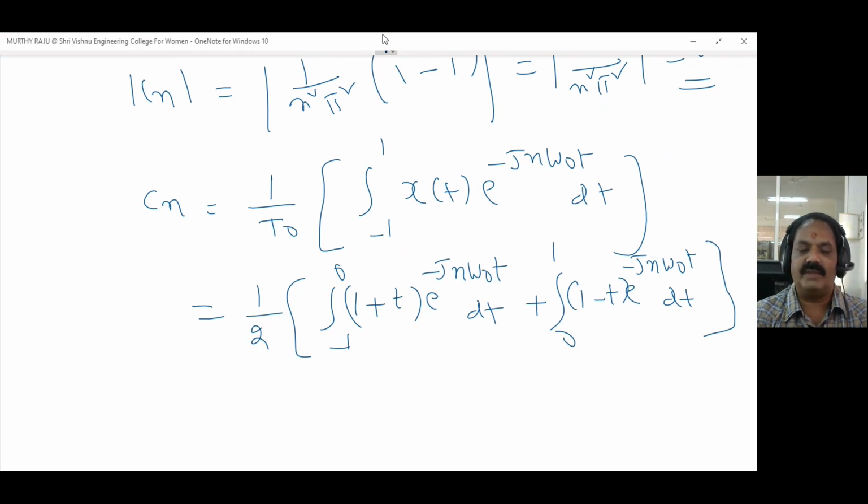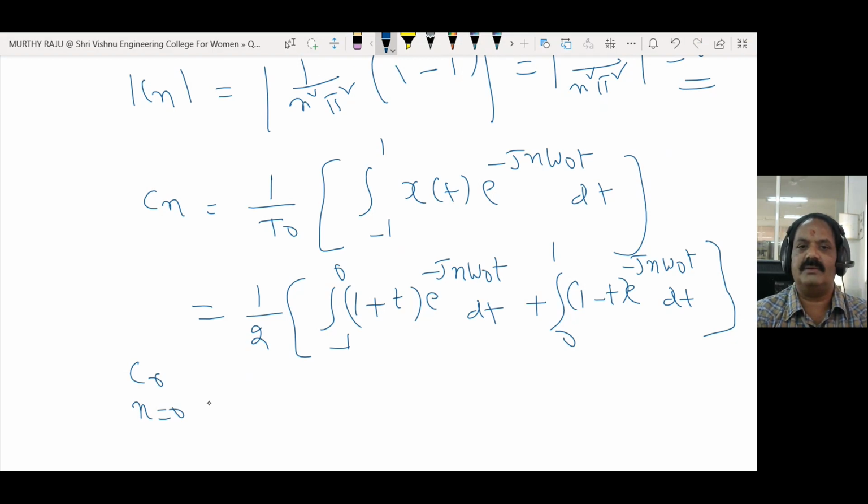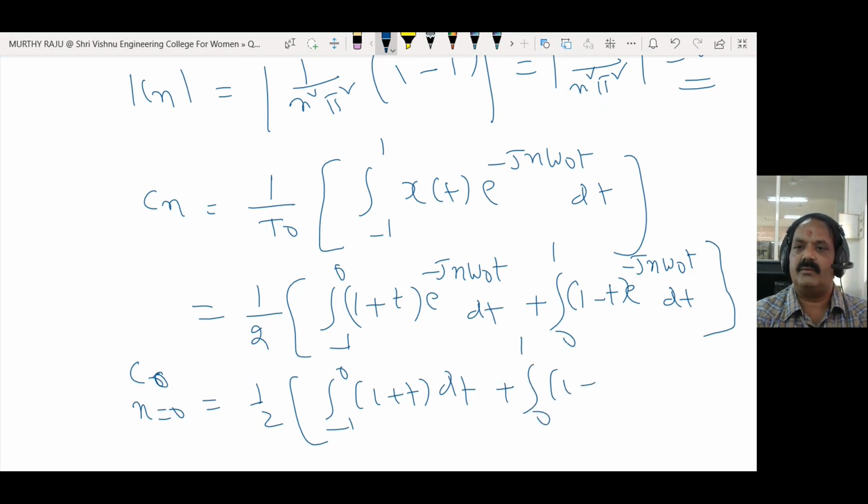For n is equal to 0, C0 is equal to 1 by 2, integral from minus 1 to 0 of 1 plus t, e power 0 is 1, plus integral from 0 to 1 of 1 minus t.